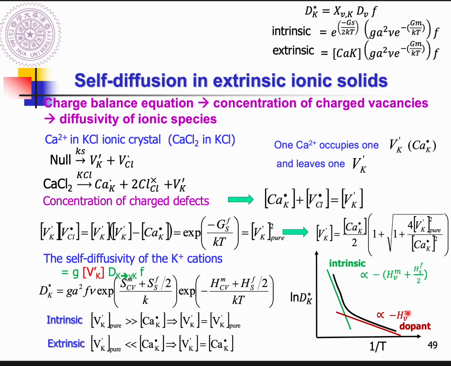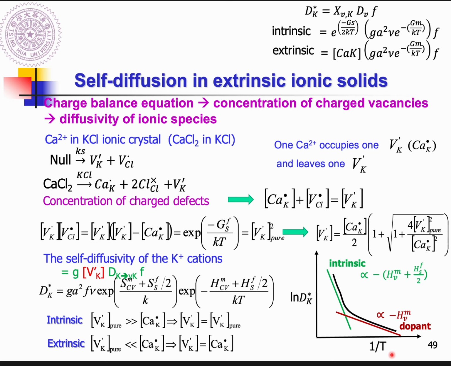Okay. So based on this, you can have an idea. When you measure the DK at different temperatures and plot the log DK versus 1 over T, if you get this curve, it implies that there are two mechanisms co-dominating in your temperature regime of interest.